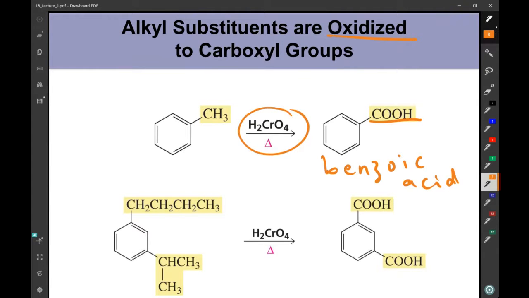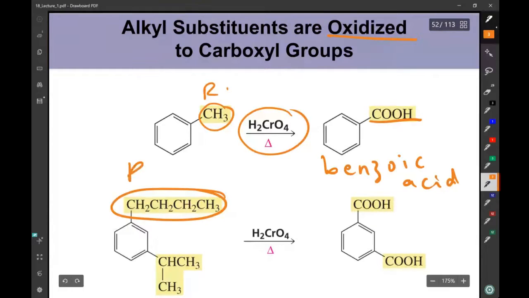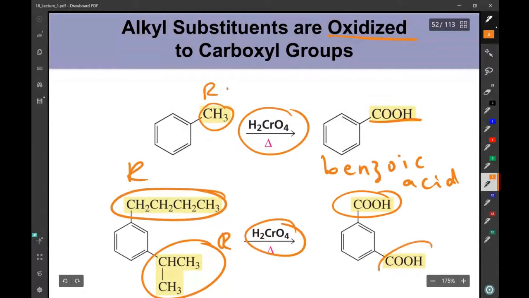No matter the nature of the alkyl group, no matter how big the alkyl group is, once you have that alkyl group there in the presence of an oxidizing agent, it transforms it to a benzoic acid. If you have two alkyl groups, then it gives you dibenzoic acid.